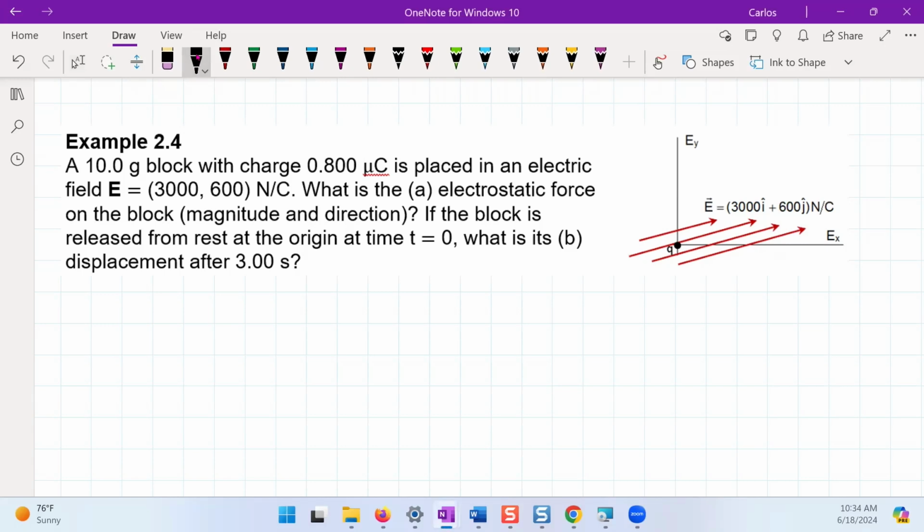So this is really a mechanics problem, kinematics and Newton's second law. But let's draw a picture.